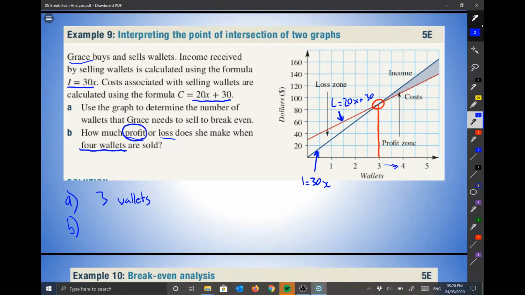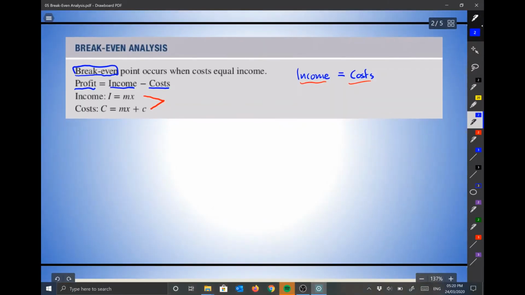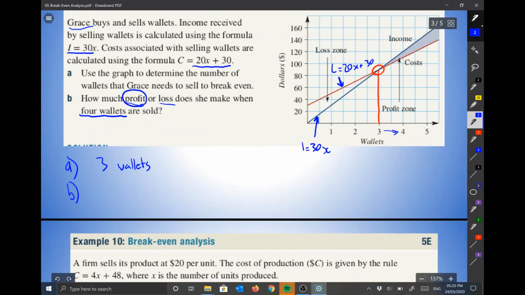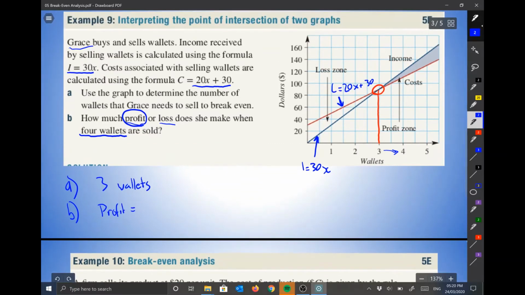And to calculate this, we're going to use this formula up here. Profit is going to equal income, which at 4 wallets here, let me use my straight line.